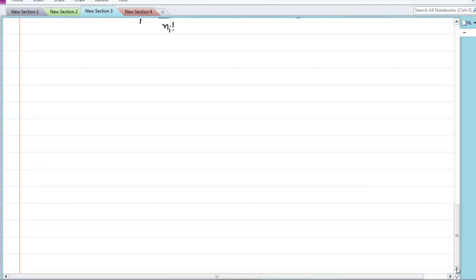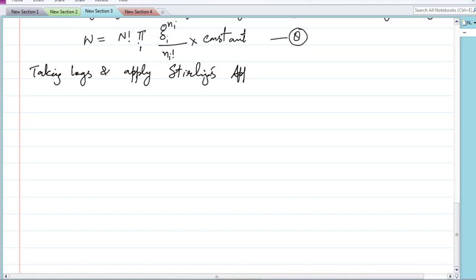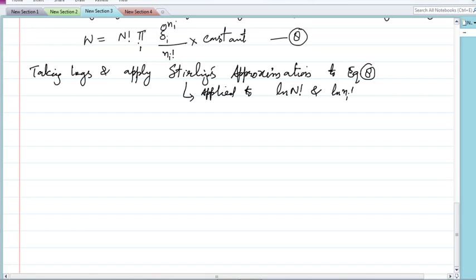So taking logs on both sides and applying Stirling's approximation to the equation above, that means equation 8, and this Stirling approximation is applied to basically ln of n factorial and ln of ni factorial.